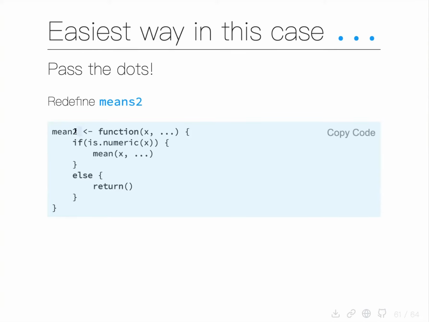So with means2, I'm saying function x ... and then I just put that ... down here. Now, when I call mean2, any argument that can be passed to mean, I can pass to mean2. Those arguments we can supply here, and it will just pass them down to here.